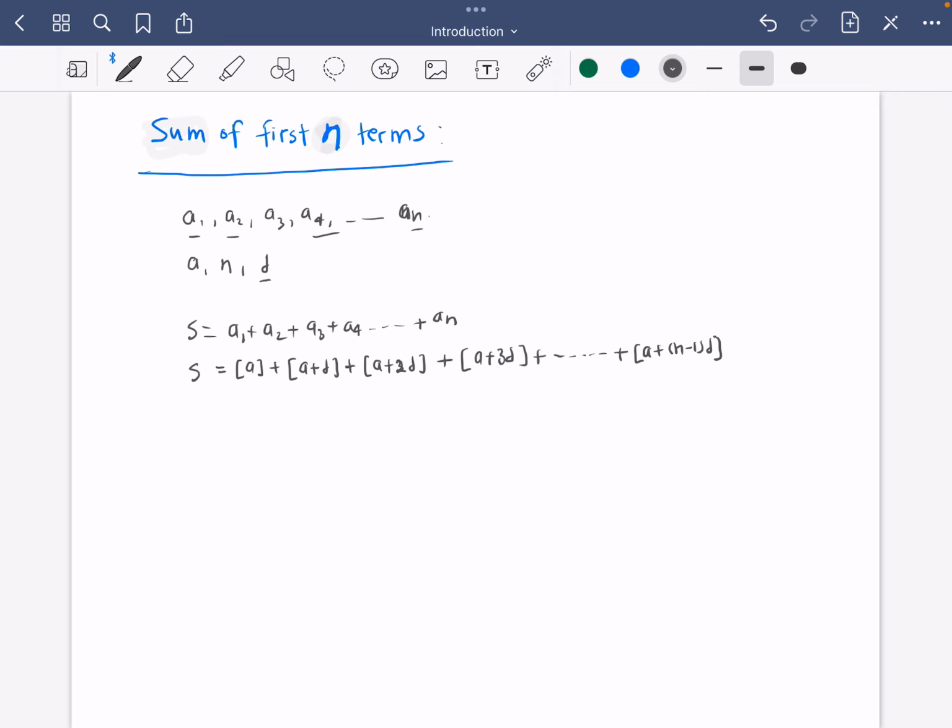That's what we know, the nth term, an. Now I just want to flip this equation. I want to start it from the last to the first.